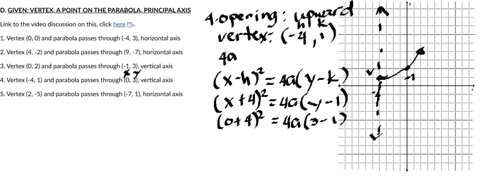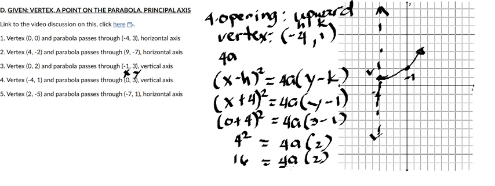Simplifying, this is 4 squared equal to 4a times 2. 4 squared is 16 equal to 4a times 2. Again, I'm not multiplying that 1 because I wish to cancel the 2 so I can look for my 4a. Canceling 2 here, we have 16 divided by 2, that's 8, equal to 4a. So we have 4a now, which is an 8.